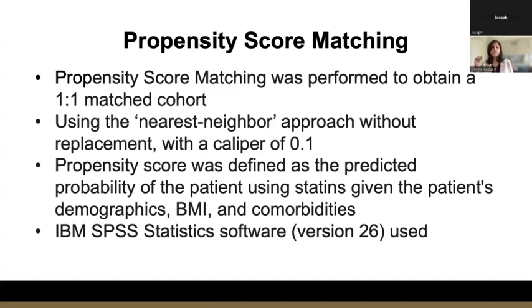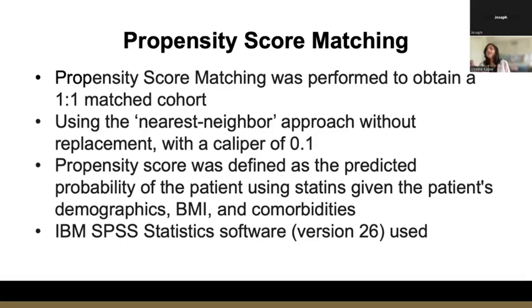We used the nearest neighbor approach without replacement, and we used a caliper of 0.1. We knew that we would probably lose a lot of individuals because we were trying to make a matched sample which was as closely related in all the baseline characteristics as could be achieved.